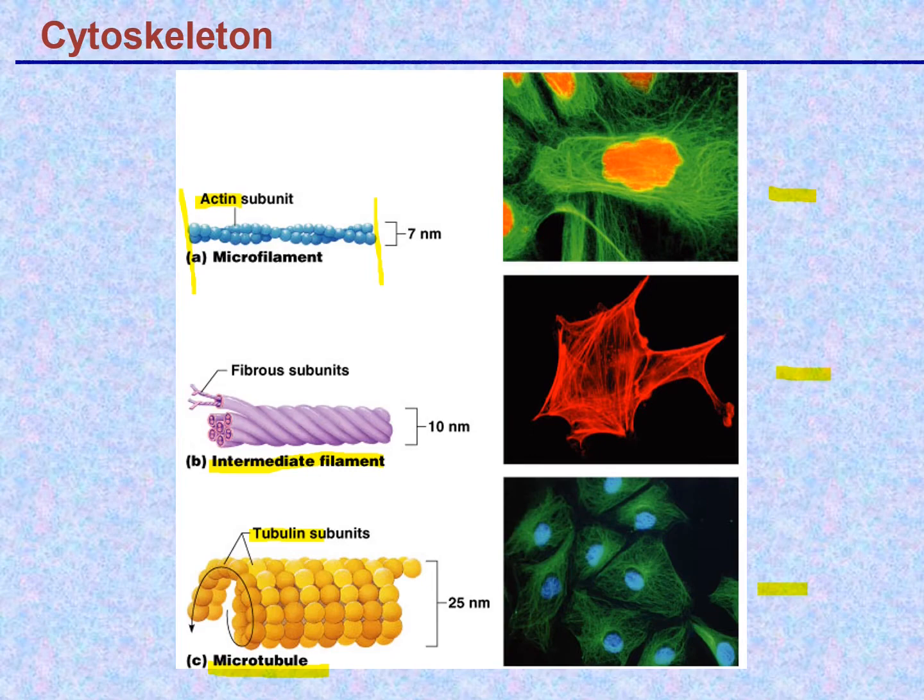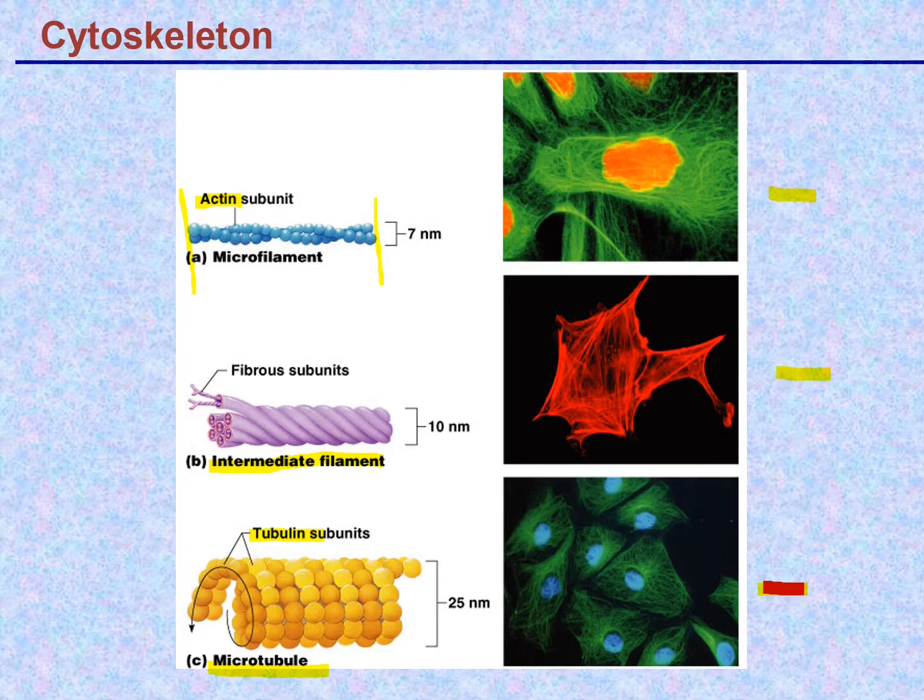In the next one down, the second one, B, this is one or two cells. It's hard to tell. I would say at least two cells there with antibody to intermediate filaments, and again using a non-specific dye for the nuclei. You see in the third case, C, staining for microtubule structure.